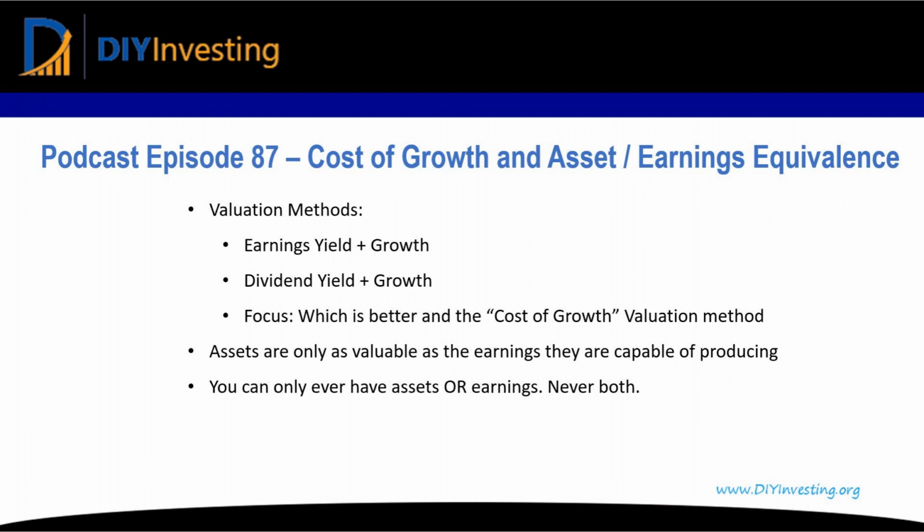So the $100 million in cash is sitting in the bank earning $1 million per year because it's earning a 1% interest rate. Meanwhile, the rest of the company is profitable and it produces $1 million per year in profits. So we have a company that produces $2 million a year, has $100 million on the balance sheet.